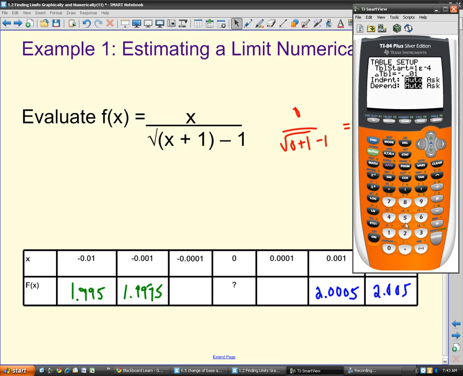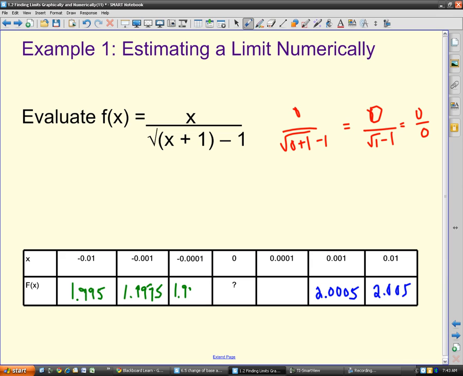And so now if I go to my table, there it is, that number right there. It looks like it should be 1.9995. It's an extra 5, an extra 9, and this one gets an extra 0, and you can see it on the graph. Let me go back to it.